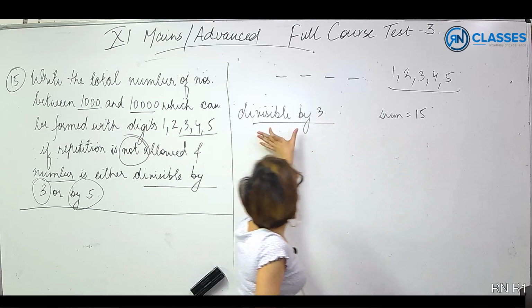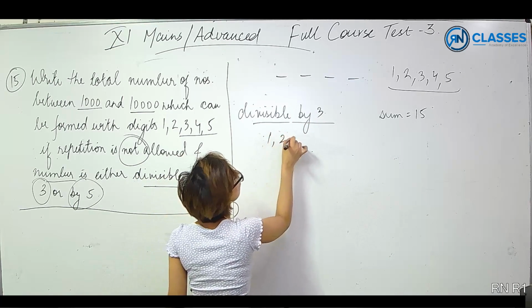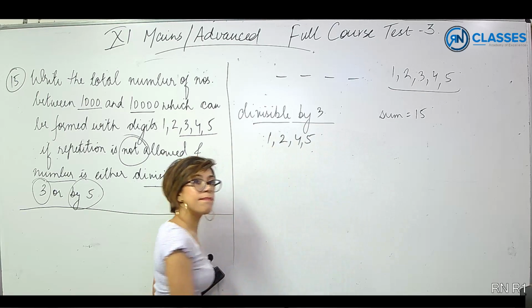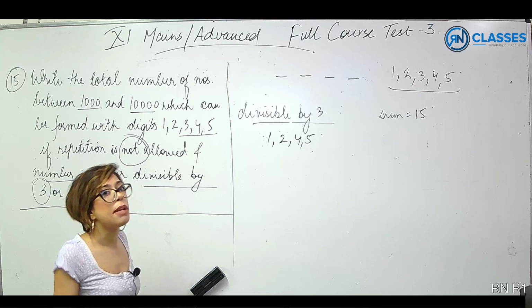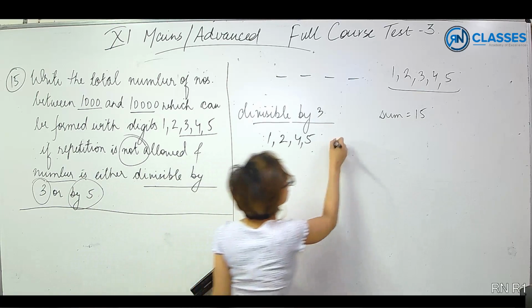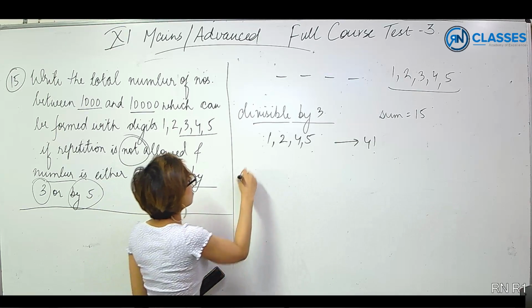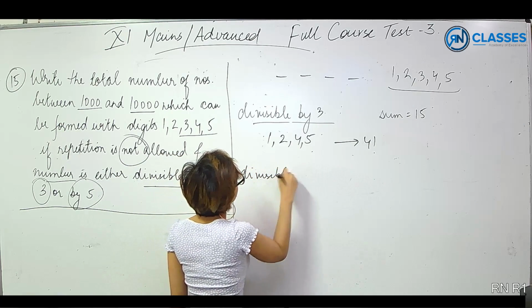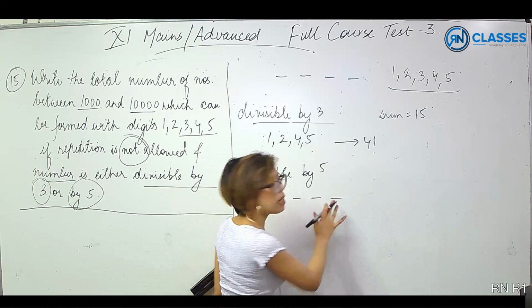So if I have to make sure the number is divisible by 3, I have to choose the digits 1, 2, 4, and 5. Right? How many numbers can I have? How many 4-digit numbers where repetition is not allowed can I have? That is 4 digits. Right? Okay. Then numbers divisible by 5. Now divisibility test of 5. So that means either 0 will come or 5 will come.